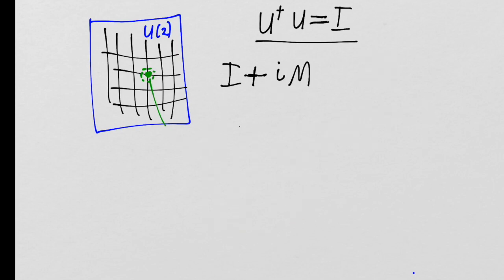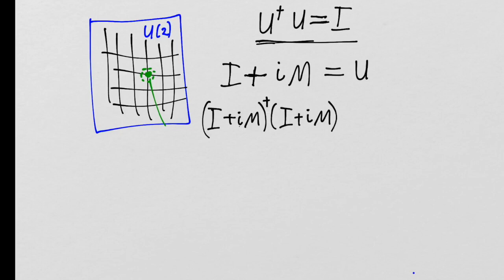All right, so if I accept that this is a matrix close to the identity, let's call that matrix U, right? This is now an element, we're treating it as an element of U2, as I said before. It's an infinitesimal element, but it's an element. And now I will work with this formula, and I will develop some properties that M has to have in order for this to be true to first order.